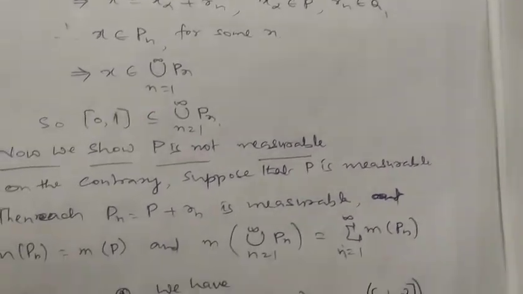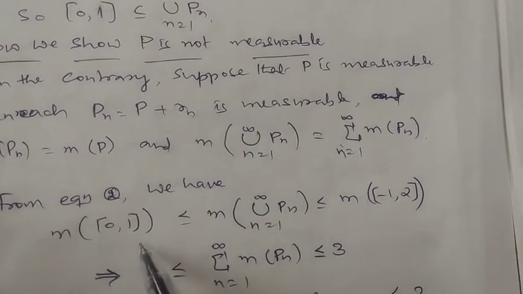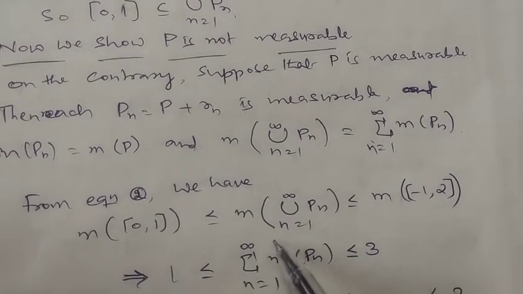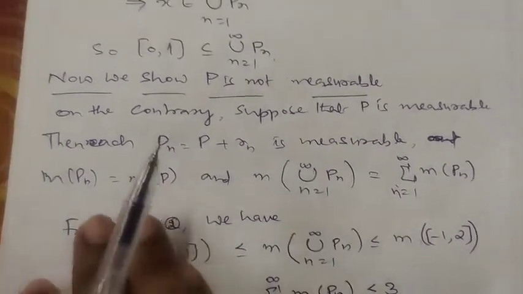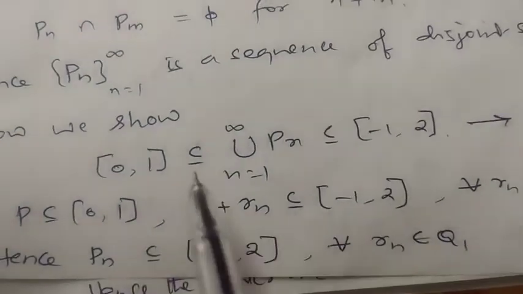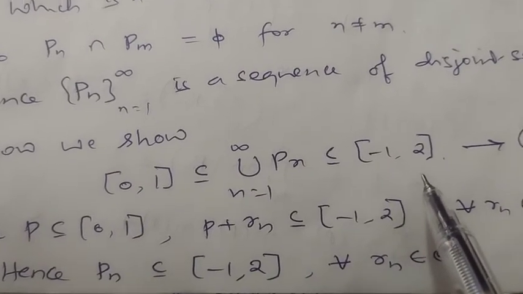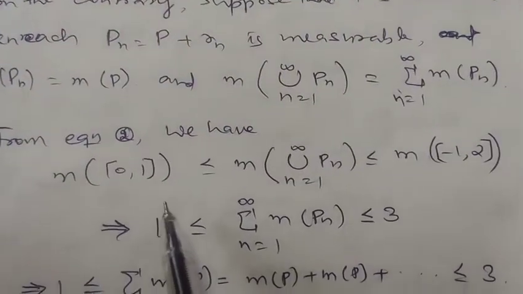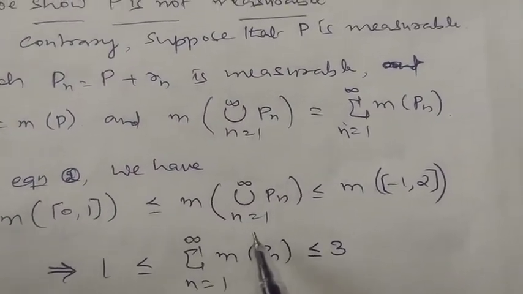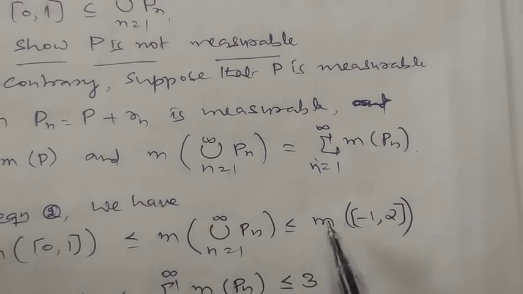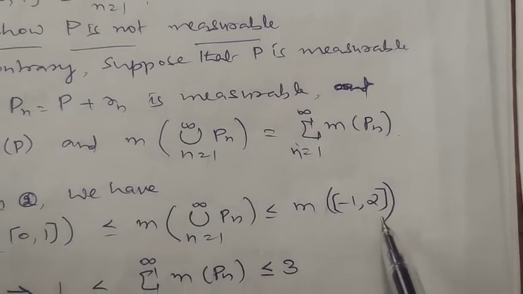From 2, what will happen? We have the measure of 0, 1 is less than or equal to the measure of the union n equal to 1 to infinity Pn, which is contained in minus 1 comma 2. So by 2, the measure of 0, 1 is less than or equal to the measure of the union n equal to 1 to infinity Pn, which is less than or equal to the measure of minus 1 comma 2.